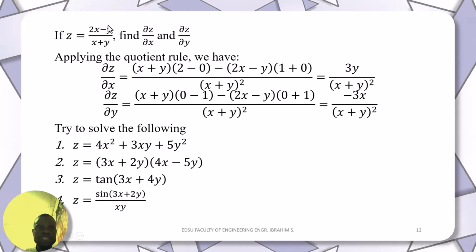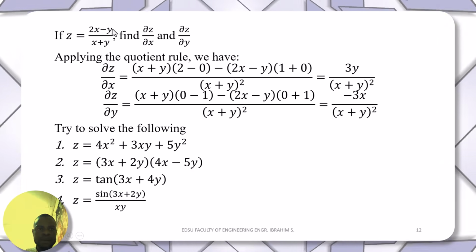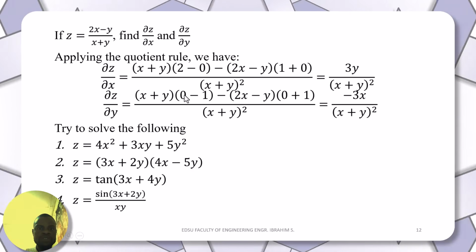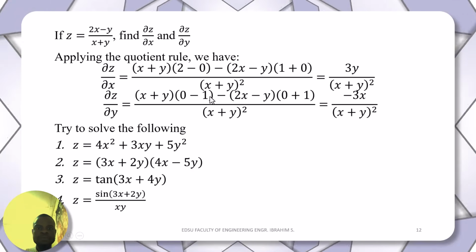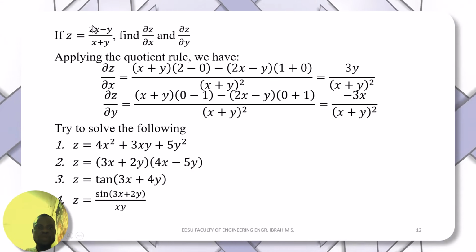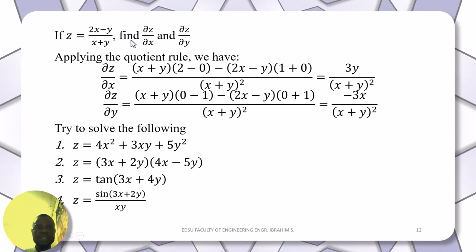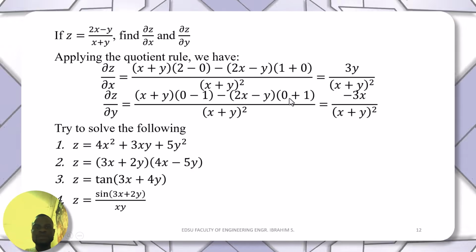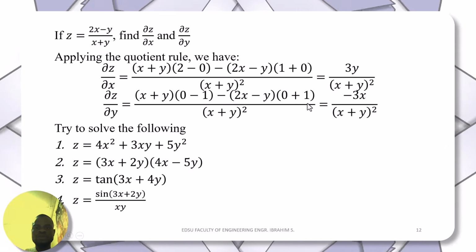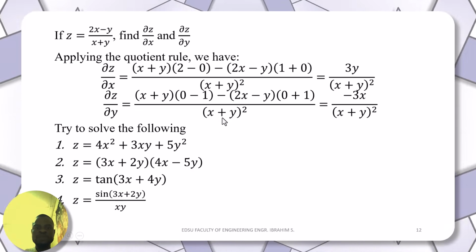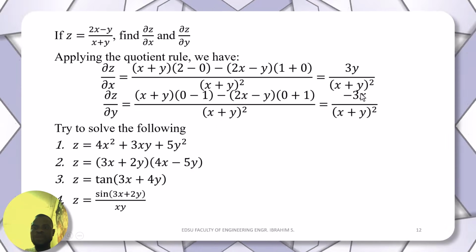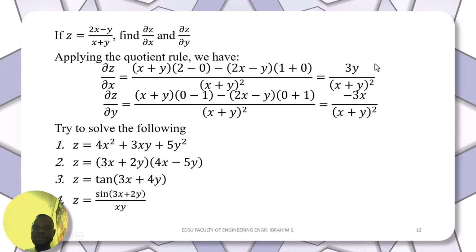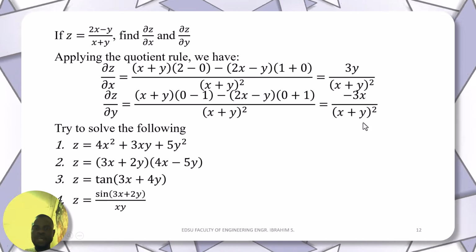I'm differentiating this u with respect to y now, so here we have minus 1, because this one gives me 0. Then minus u, which is this, then dv: I differentiate this, it gives me 0, and this gives me 1, all over v square. You open this bracket, you get minus 3x, then this will give me this. So with respect to x is this, with respect to y is this.